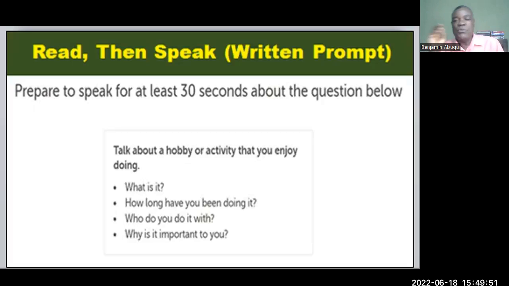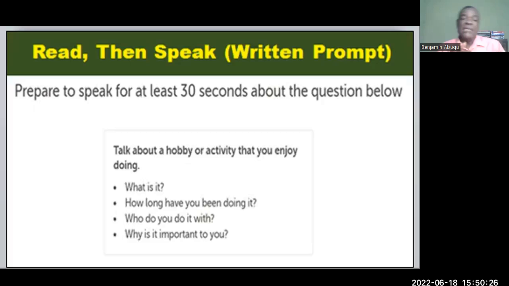So make sure you use the time wisely and make sure you prepare adequately before you start speaking. Now, one thing that makes this type of question easy is that you will be looking at the question prompt right on the screen, even while you are speaking and recording. So that makes it easier. Make sure you focus on what you have been asked to do in the written prompt, okay? That actually will be very helpful to you to structure your speech in that way, okay?